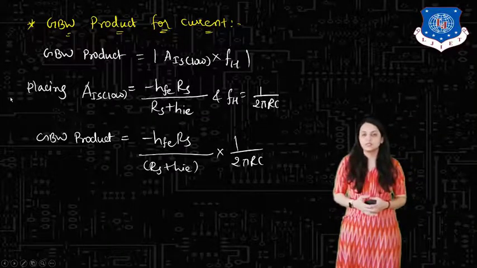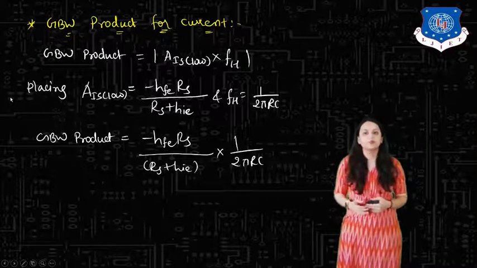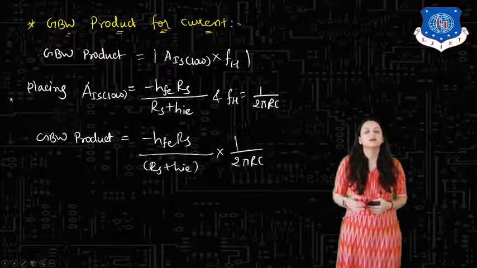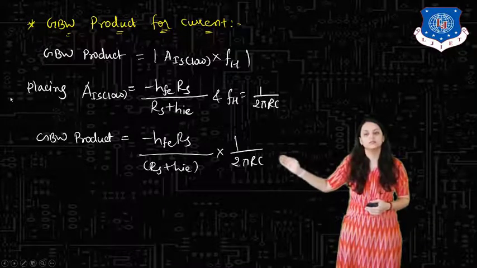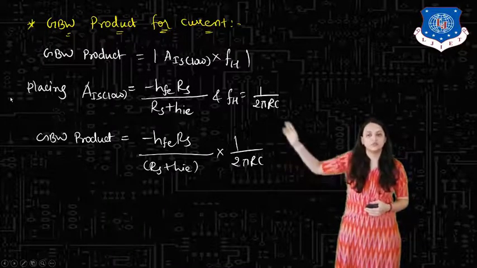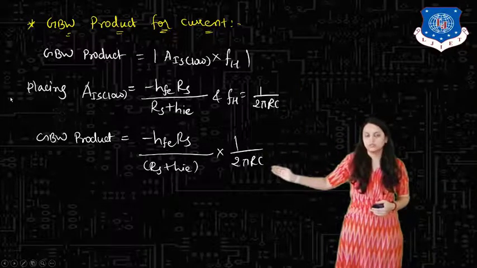Placing AIS low equal to minus hfe into Rs upon Rs plus hie, and FH equal to 1 by 2 pi RC, and multiplying these, we will get the value of the GBW product.